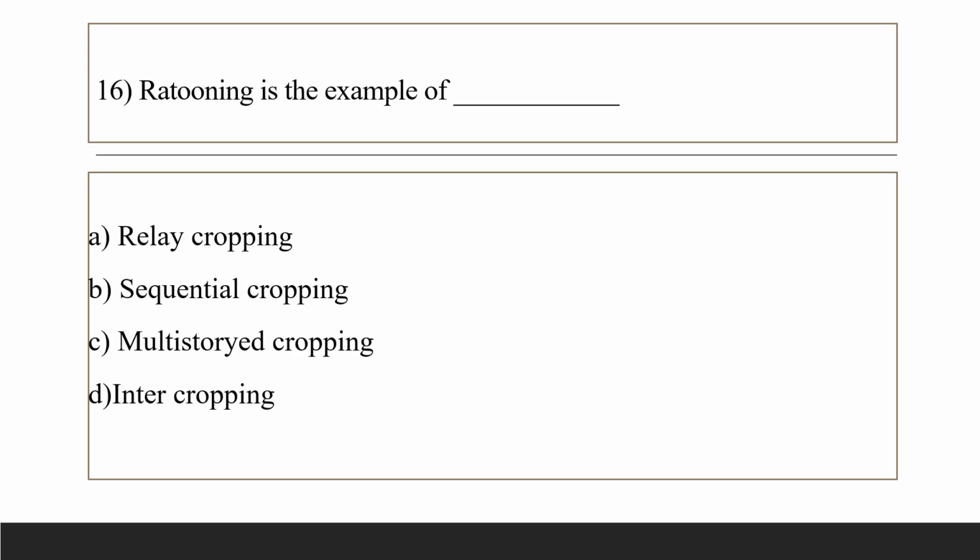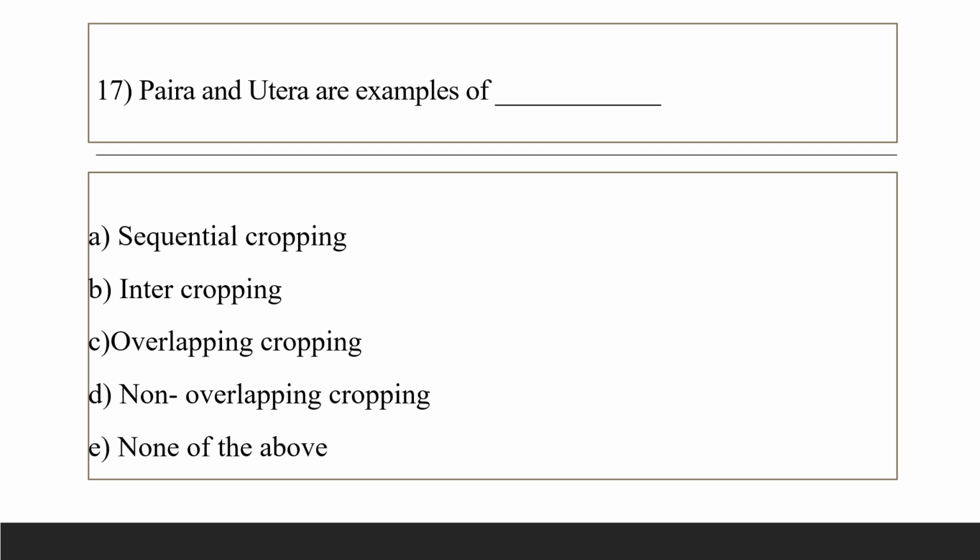Ratooning is an example of. In sequential cropping, the second crop is planted after the harvest of the first crop. So ratooning is an example of sequential cropping. Here the option is B. Paira and Utera are examples of.